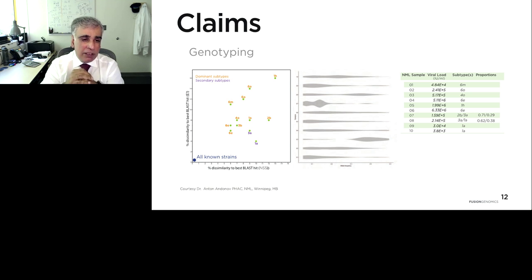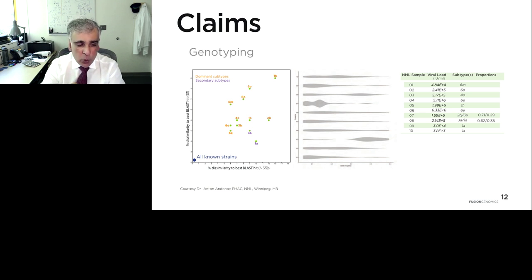This is a hepatitis C infection which has mutated about 16% for its E1 gene and in excess of 13% for its NS5B gene from every known hepatitis C that was available at that time.